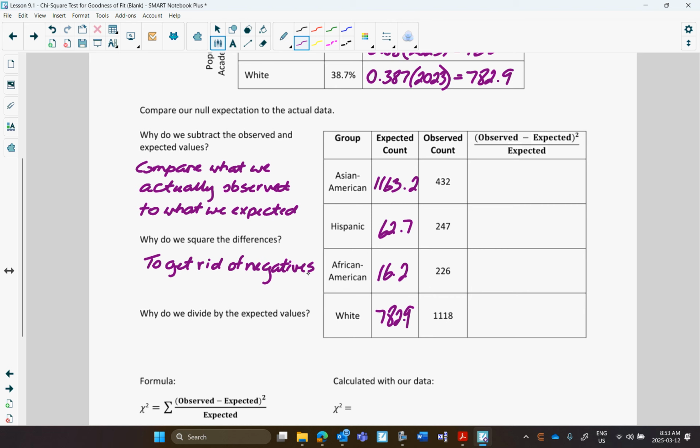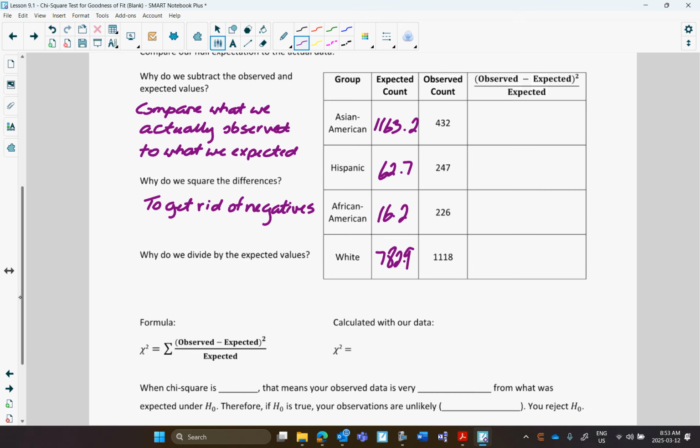So the differences do not cancel out when we add them all.